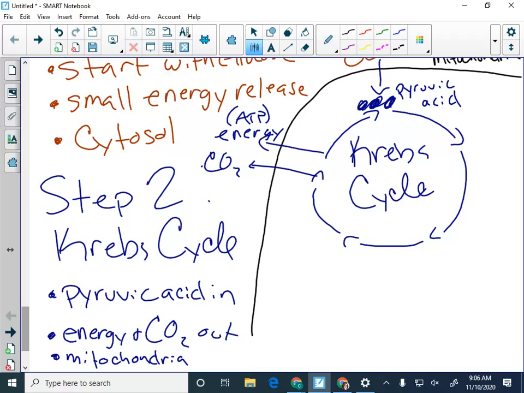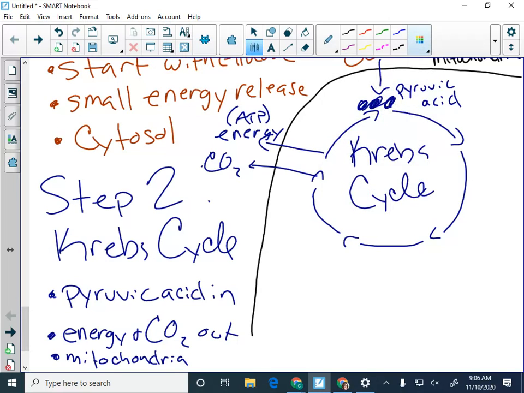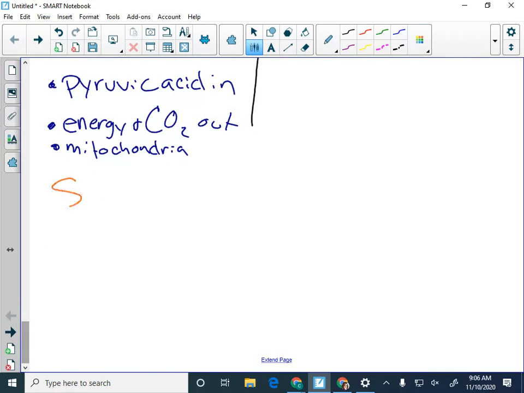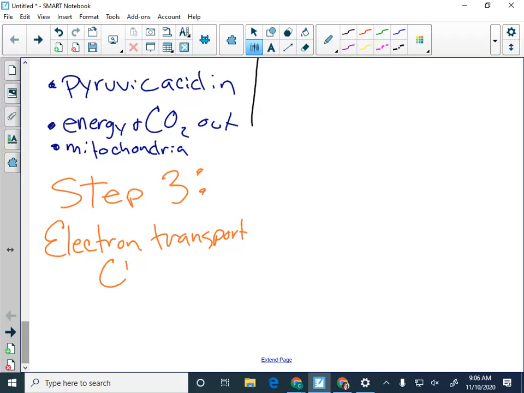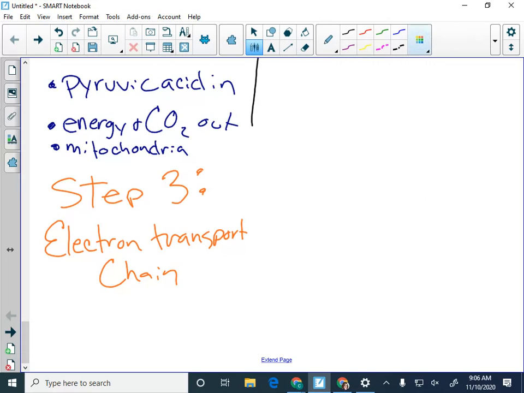So after our Krebs cycle, we're going to get to step 3, which we are going to call the electron transport chain. Just like our electron transport chains in photosynthesis, but instead of having two little ones, we have one big one.